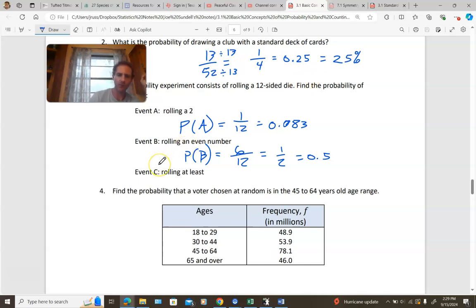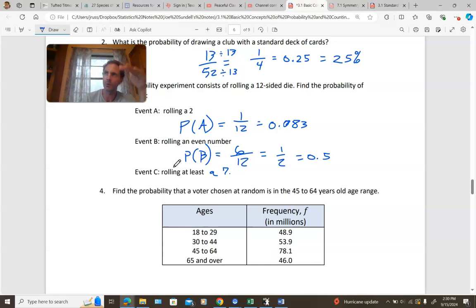All right, event C, rolling at least, and apparently I did not write down the rest of this, so I'm going to make something up. Let's say the probability of rolling at least a 7. Well, you have to think, at least a 7. So what does that mean?